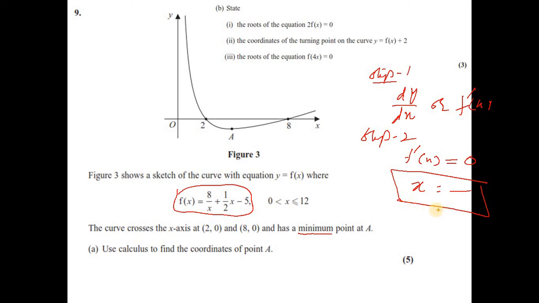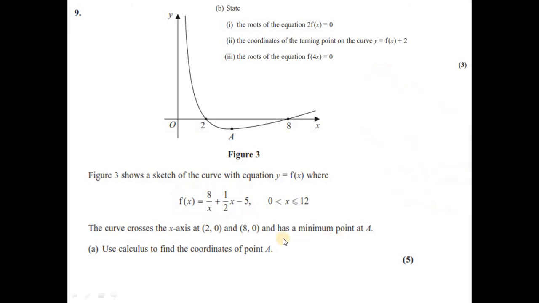So exactly what we are going to do here, because we need to find the coordinates of the minimum point. This is our equation. So I'm differentiating f of x, meaning I'm finding f dash of x.